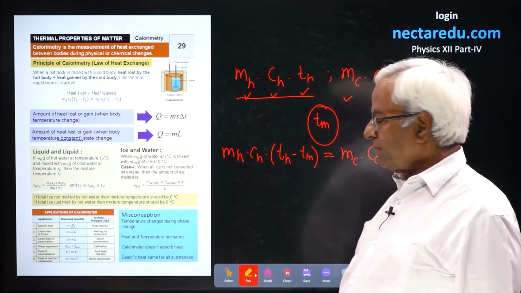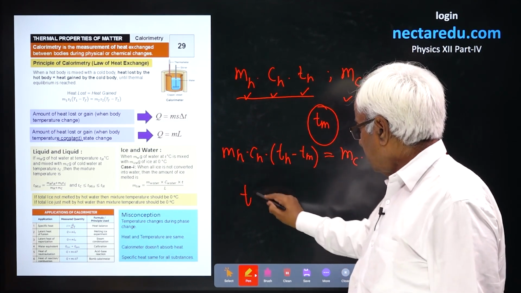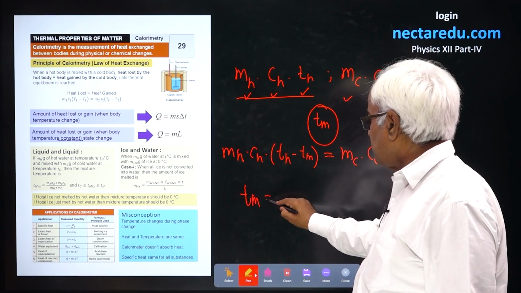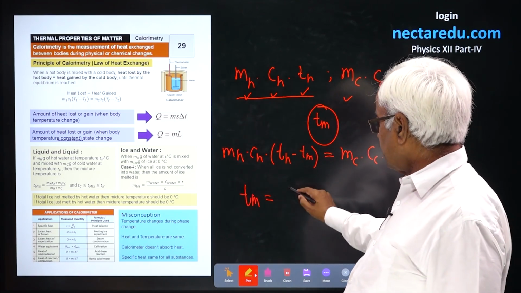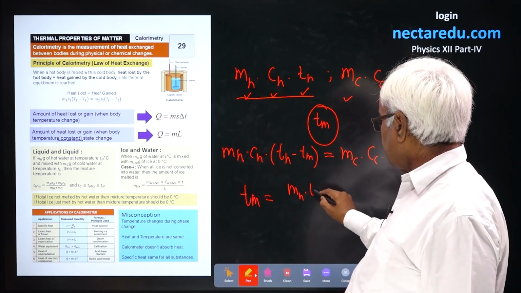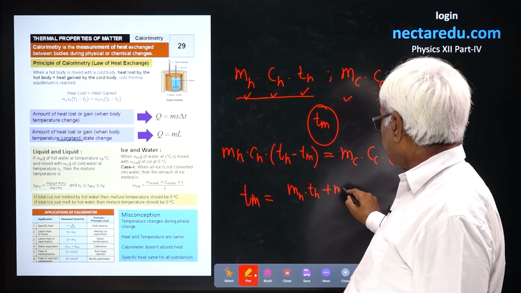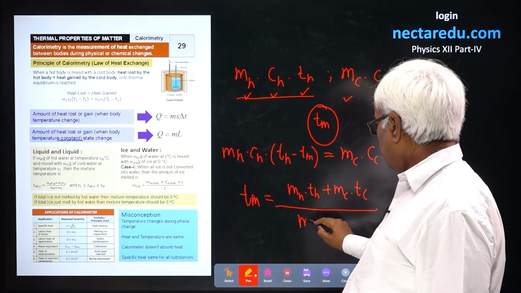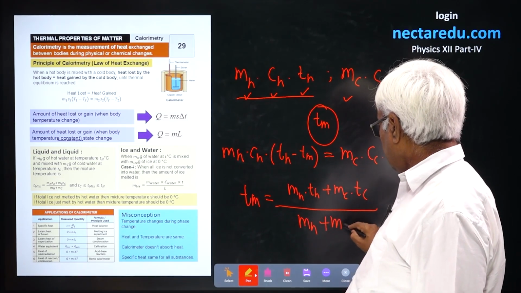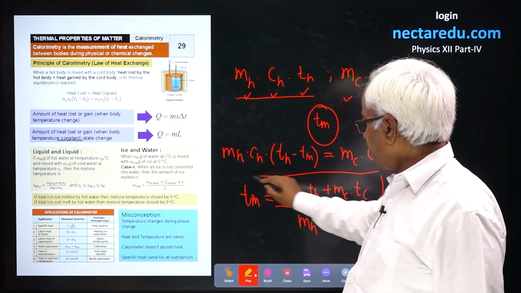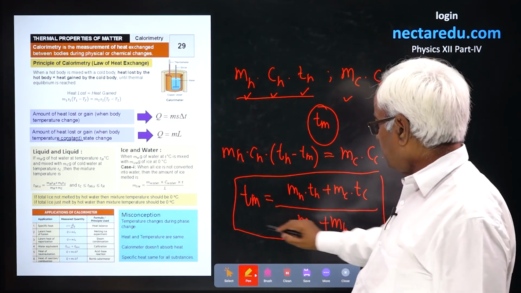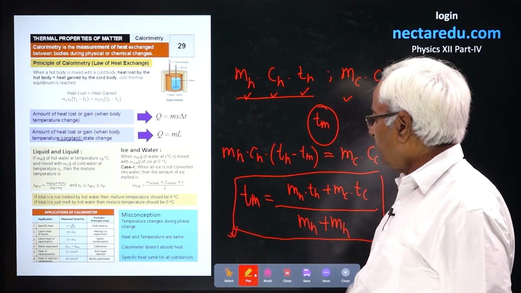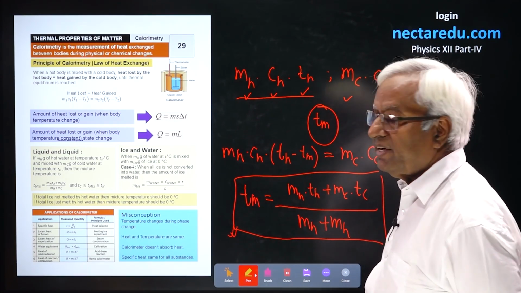By solving this equation and isolating Tm, you are going to get this relation: Tm equals (MH TH plus MC TC) upon the mass of both liquids, that is the total mass. This becomes the formula for the temperature of the mixture.